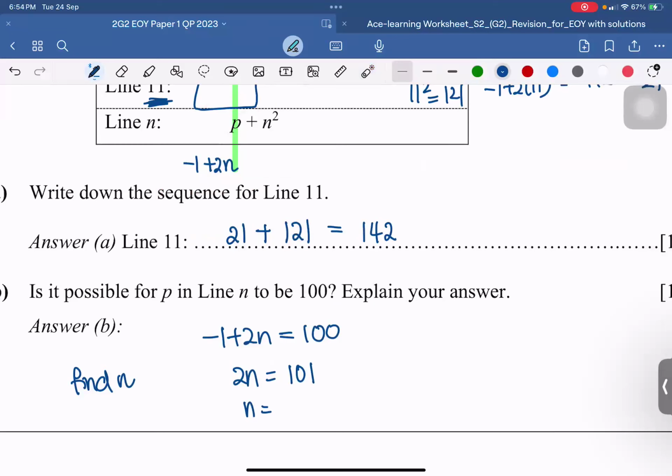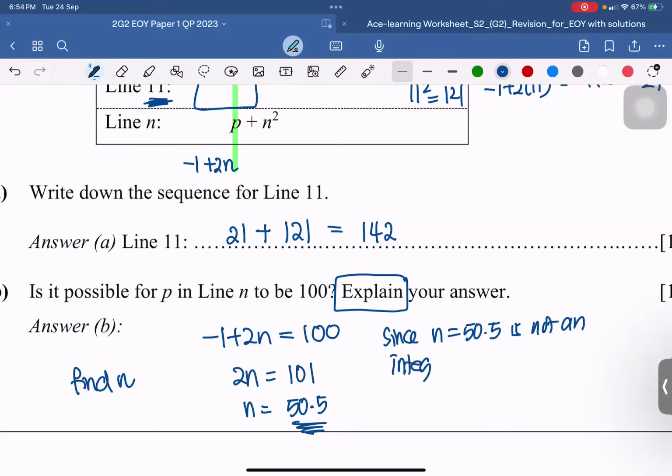Then now divide by 2. 50.5. Then explain your answer. Since n equals 50.5 is not an integer, therefore it is not possible.